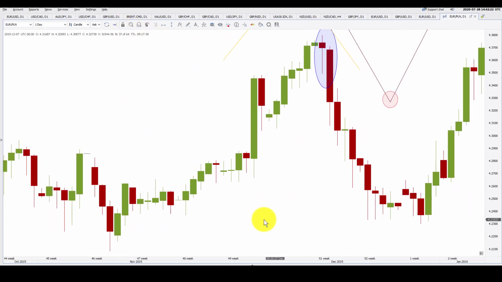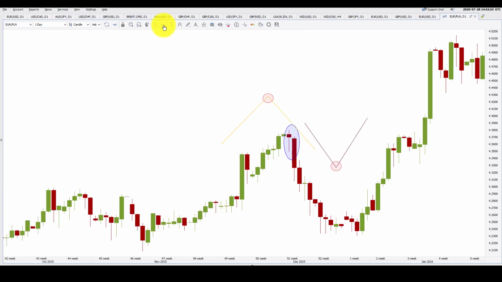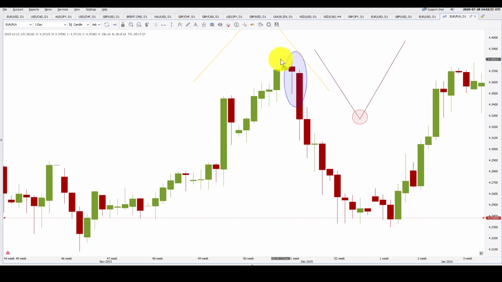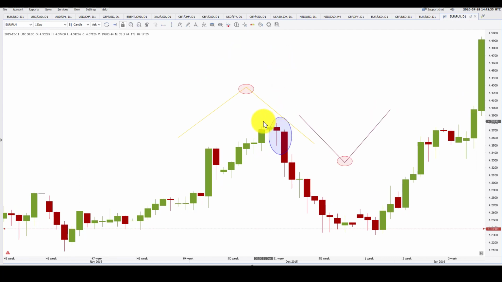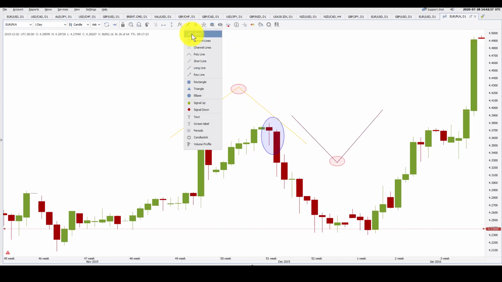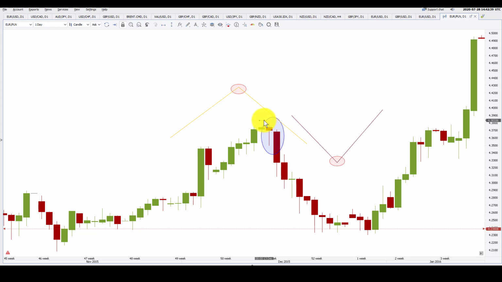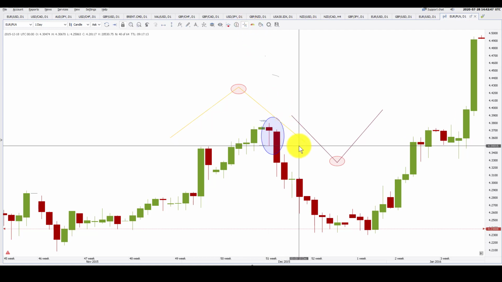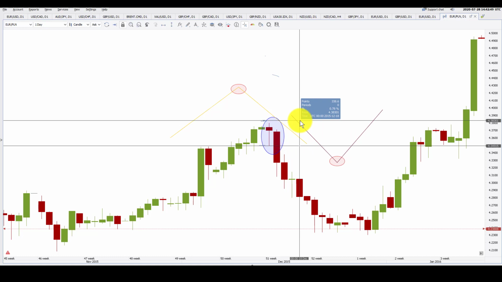Now if the support region here is this area, this is the support area, and if we sell this market, then our potential stop loss will be somewhere here, and we will enter somewhere here. So our risk to reward we have to identify. Our risk to reward ratio should be 3 times.